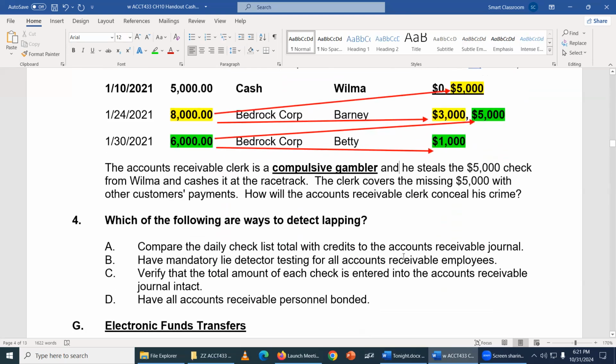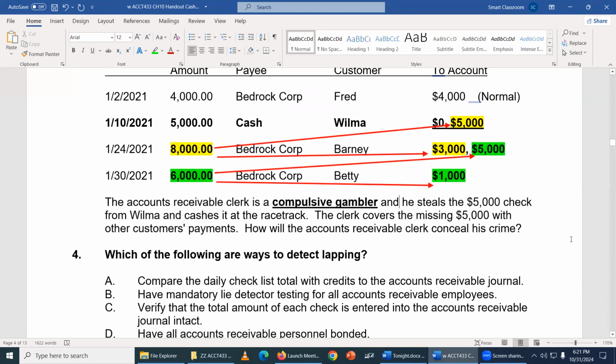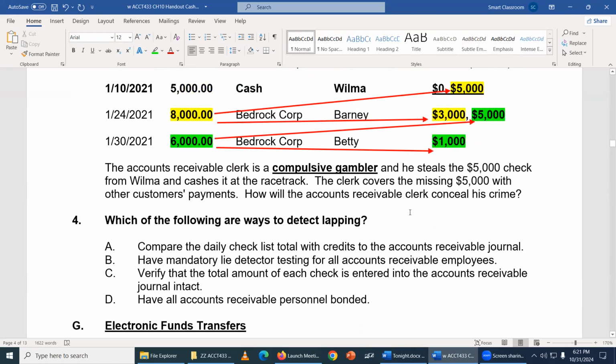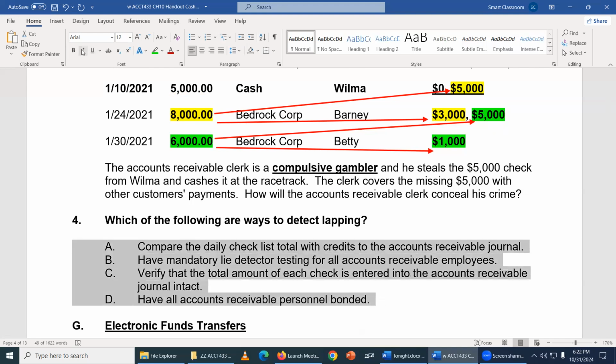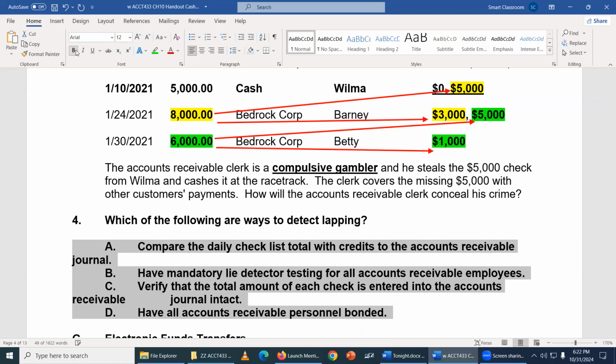Okay, how would we find this? So you come in and do an audit. How would you find this going on? Two of these four items here will actually help find it.